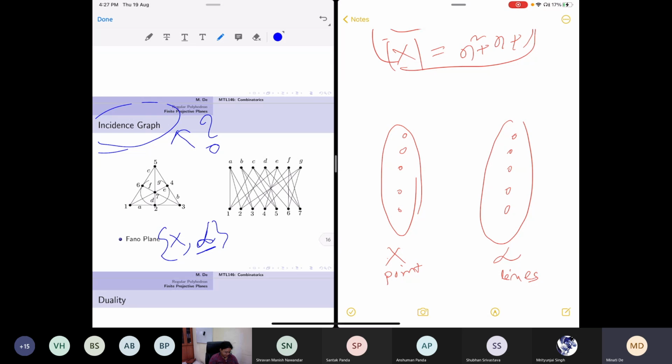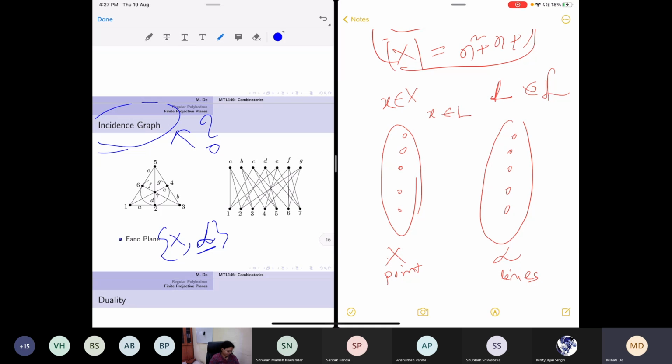The incidence graph is basically this: for x belonging to X and some line L belonging to the family of lines, I put one edge in between if x belongs to that line.